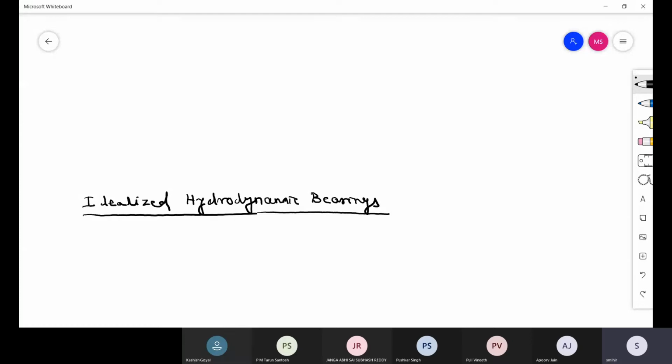Although that will not be exactly accurate, it can predict up to 70-80% of the value that we can get in the actual solution. So, for quick estimation, you can always idealize the problem as one dimensional.